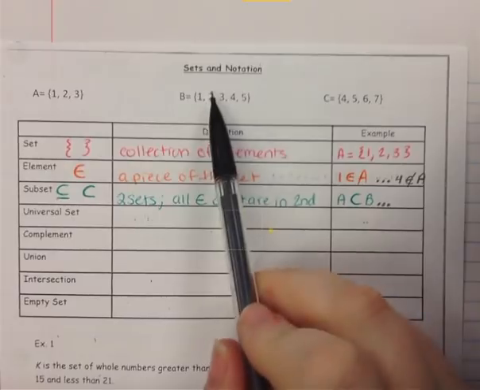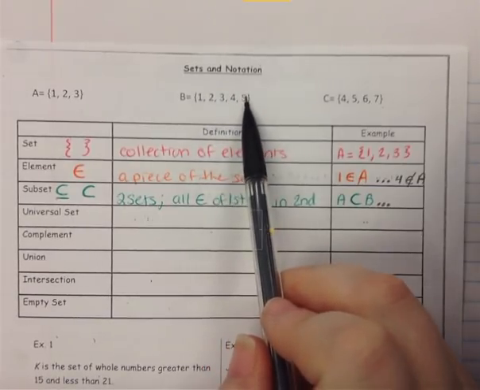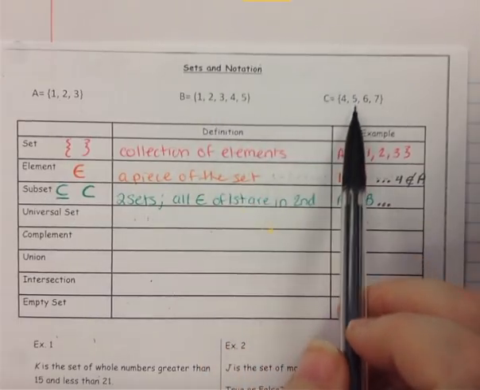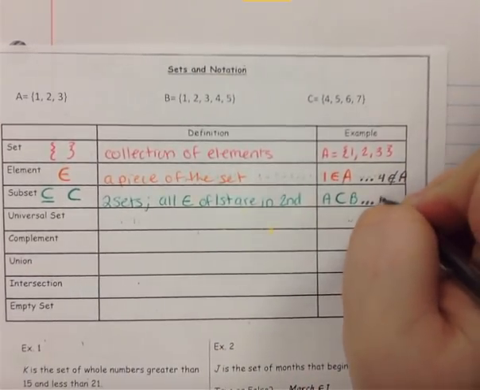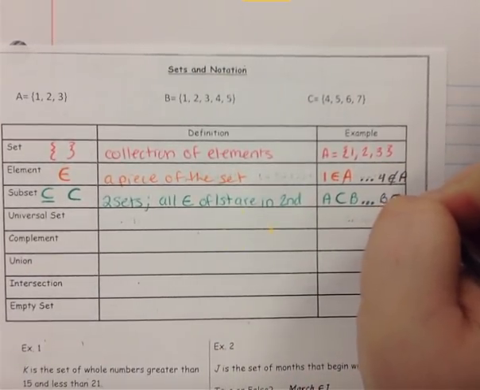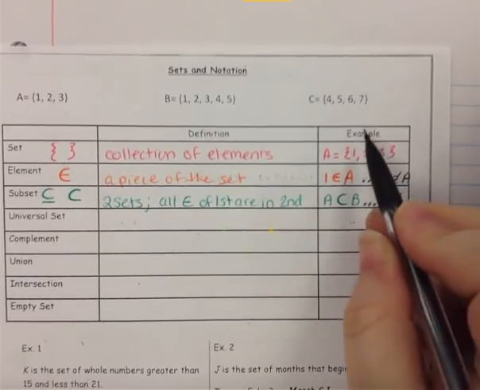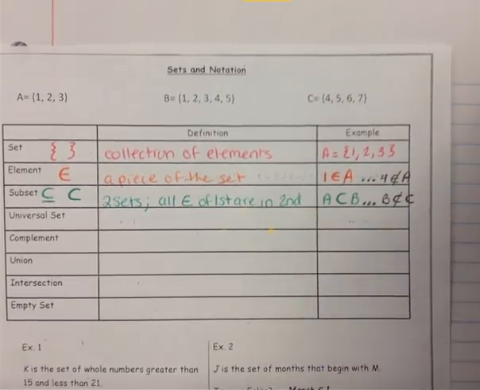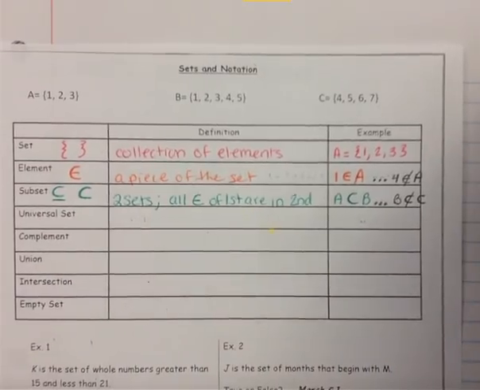If we look at B, this has 1, 2, 3, 4, 5. All of set B is not in set C. It has part of it, but not all of it. So you put the subset symbol with the slash through it, and then it's not a subset of set C, because all of B is not in set C.